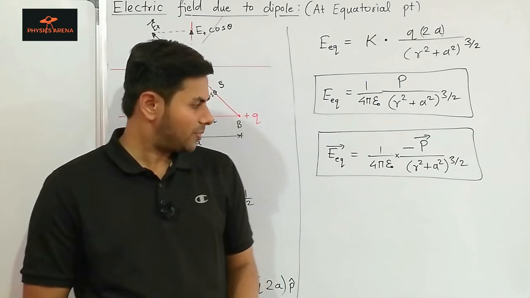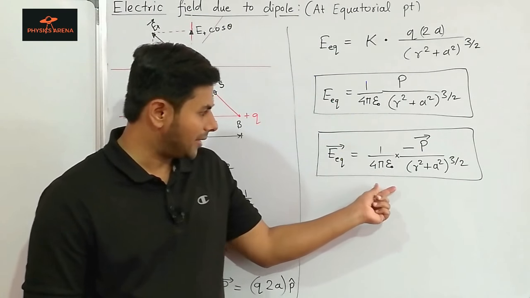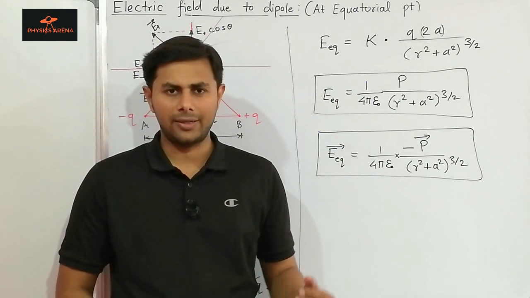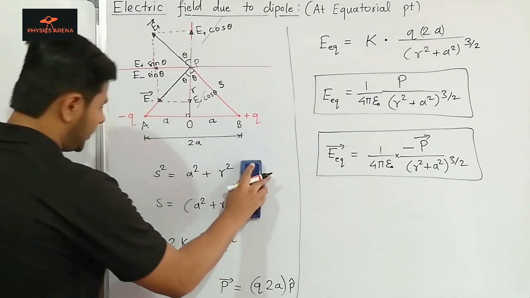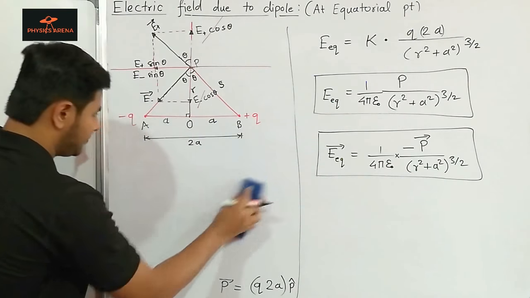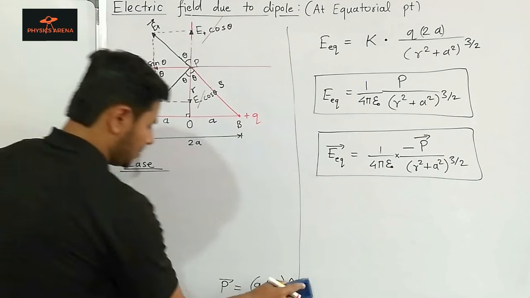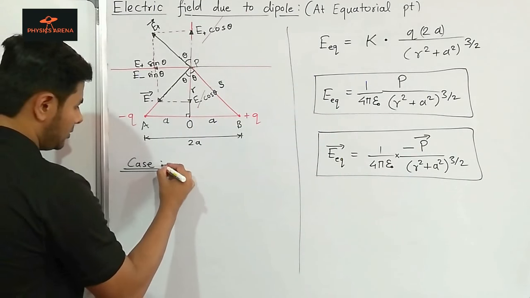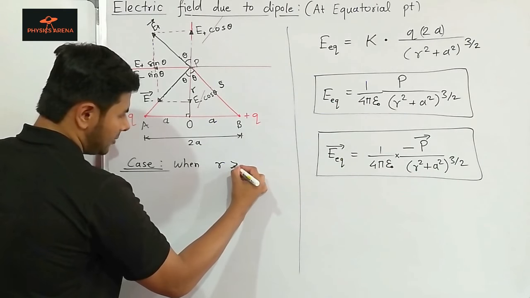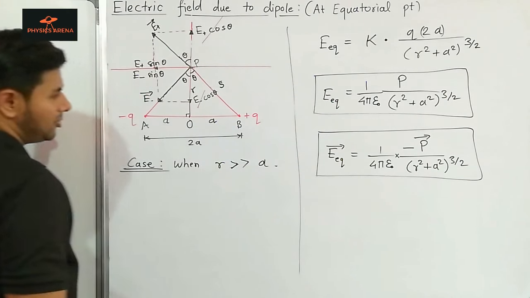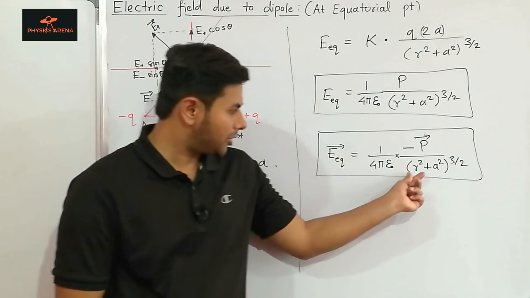Now let us find a specific case of this. So we will find the electric field at a faraway point. So we are interested in this case, when R is very large compared to A. And now you know what we are going to do.